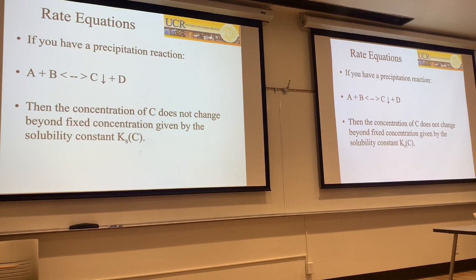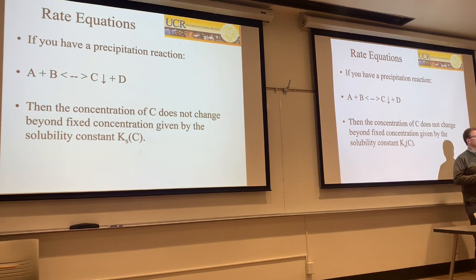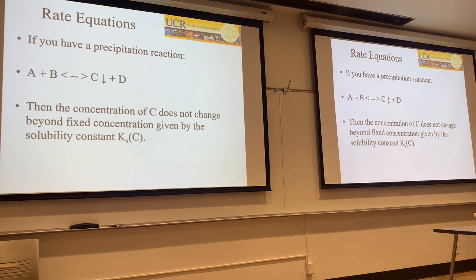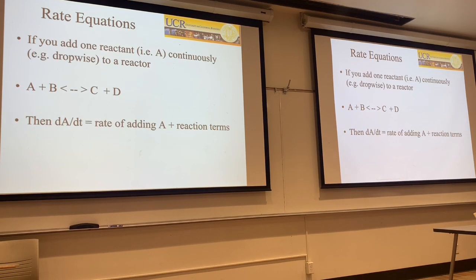So the concentration of C is not something which would change over T. It would always be determined by the solubility constant. So you have a different kind of weighting. If you use your Excel files, not a problem at all to just distinguish between the C in the solution and the C precipitate, and have two columns for it, and everything will work out nicely.